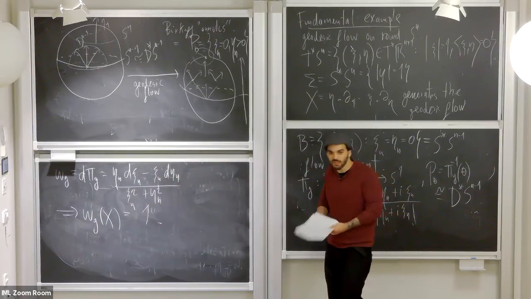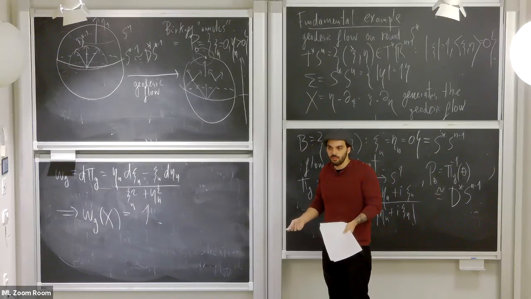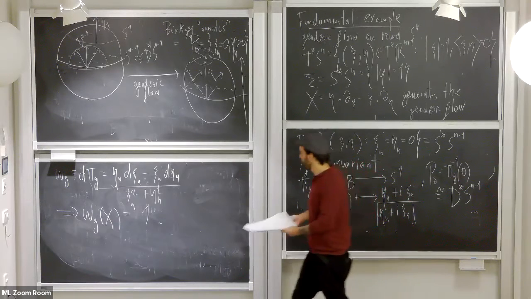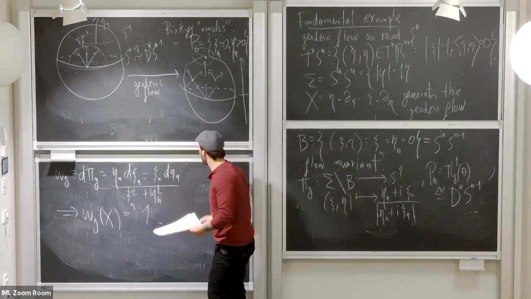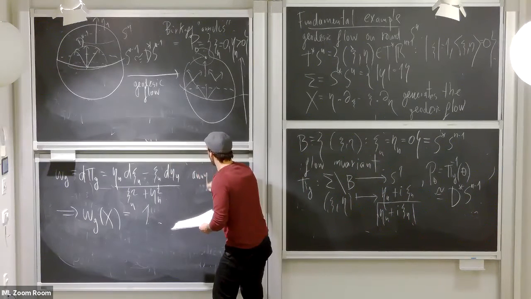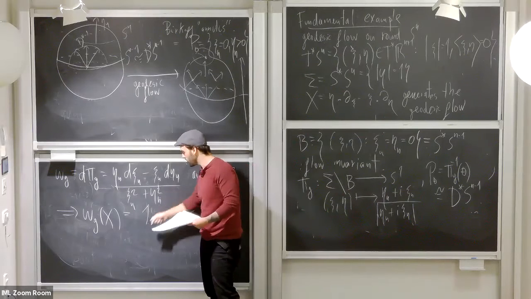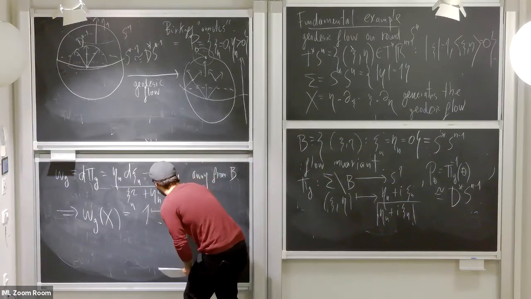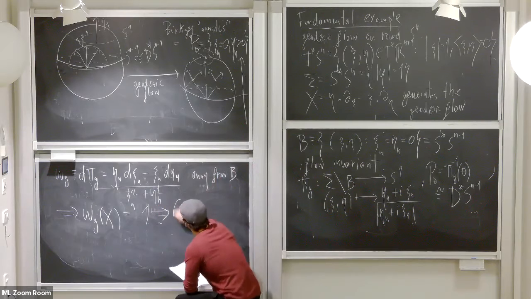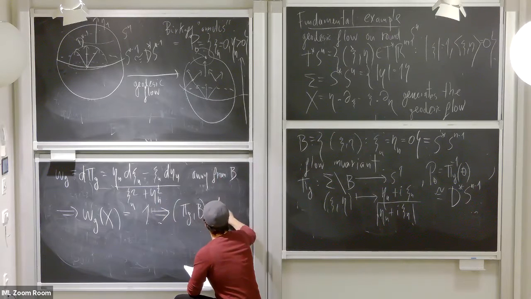And this precisely means that the open book is adapted to the geodesic flow, as long as you're away from B, where this is well defined. So this scaling is what gives you this number 1.